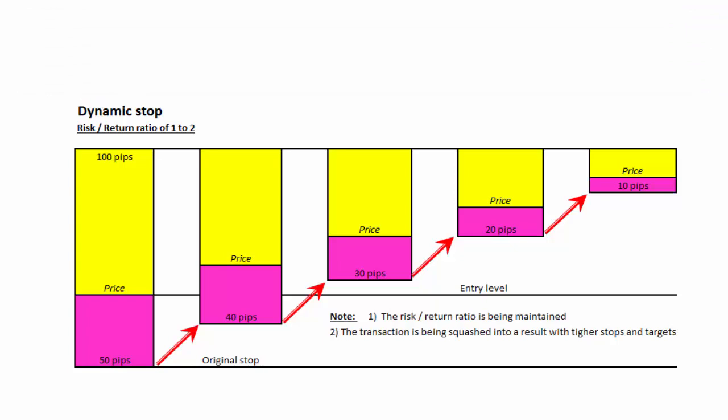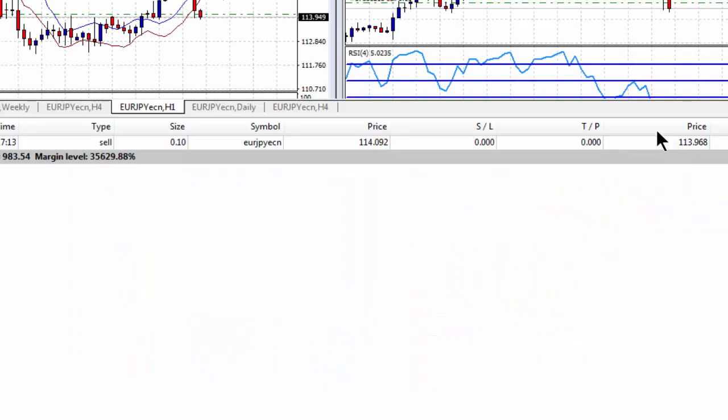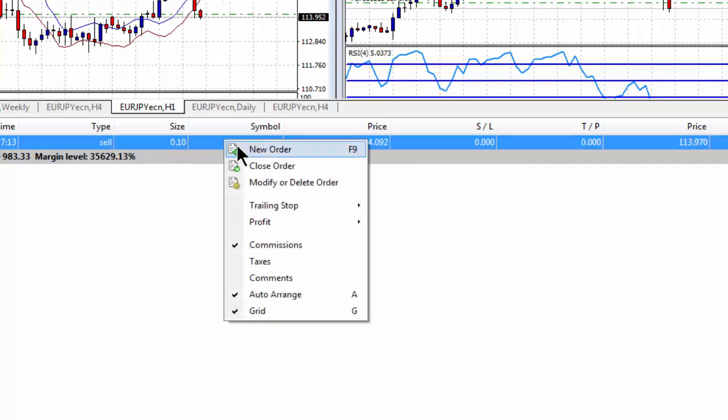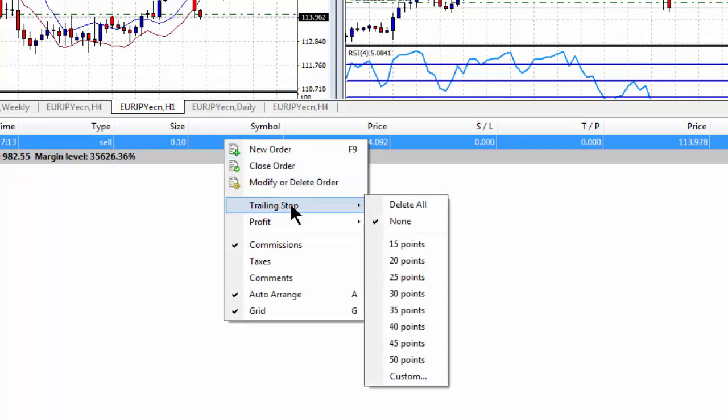In your MT4 platform, the only stop that is available, automated stop, is the trailing stop. When you open a transaction and it's active, what you do is you right click on the transaction, as you can see I'm doing right there, and you then have a trailing stop facility.